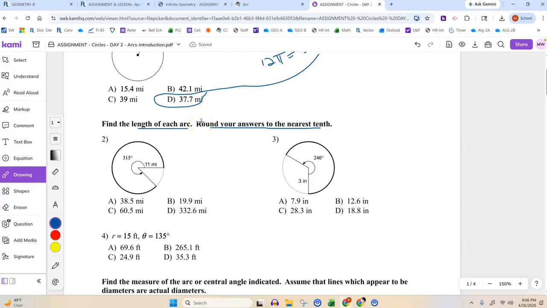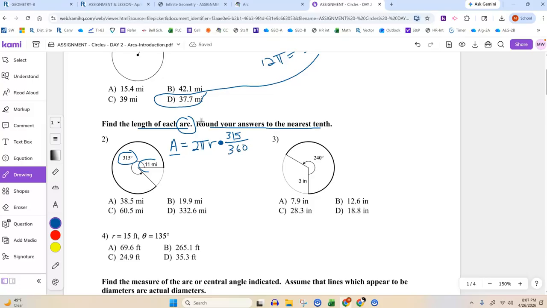315. So the arc, I'm going to make that A, is equal to 2 pi r times, this is the important part, times the 315 degrees right here, divided by 360. Why 315?